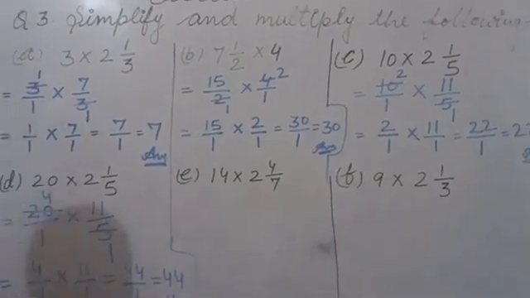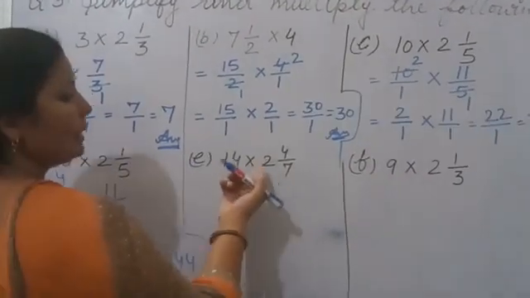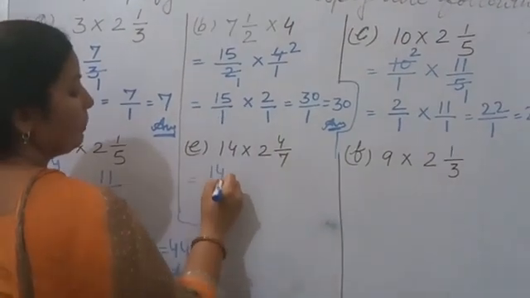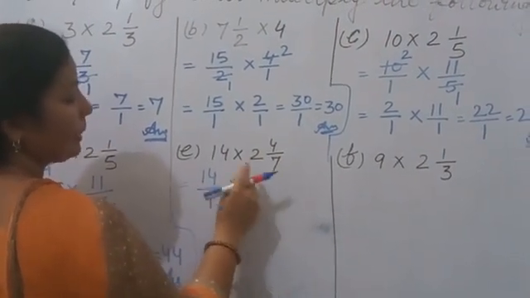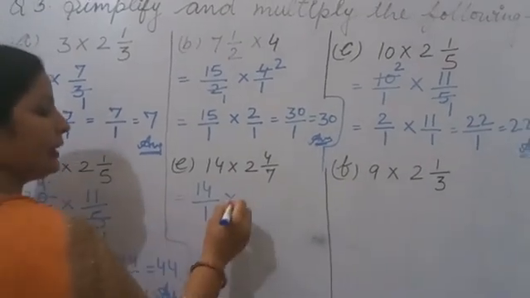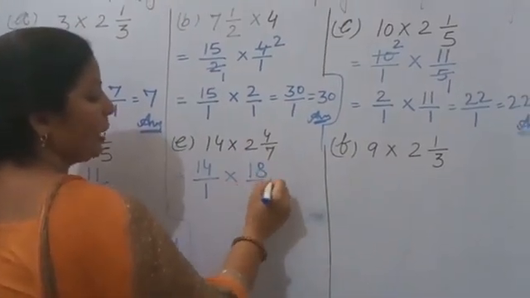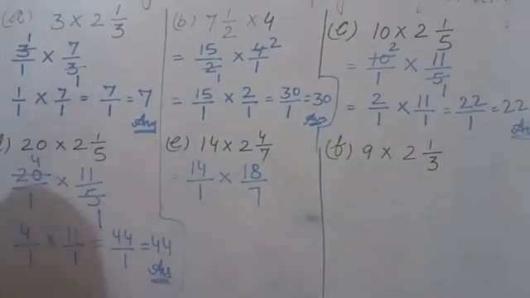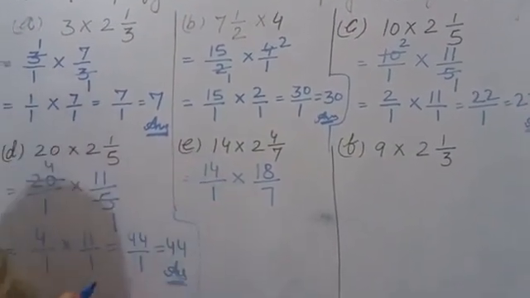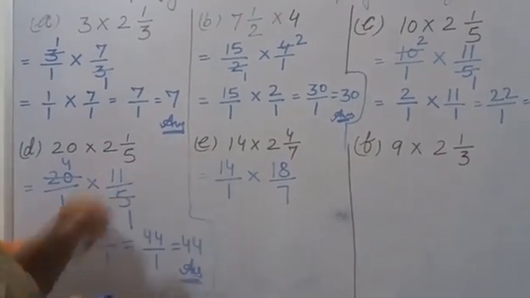Now next it's the E part. 14 multiply by 2 whole 4 upon 7. So again 14 upon 1 multiply by, now 7 twos are 14, 14 plus 4 is 18 upon 7. Now again we can see that in the 7 table, 7 and 14 both come. Means this denominator and the first numerator.